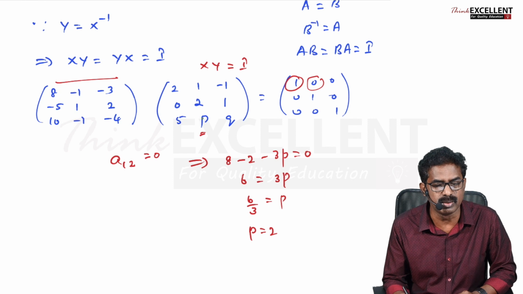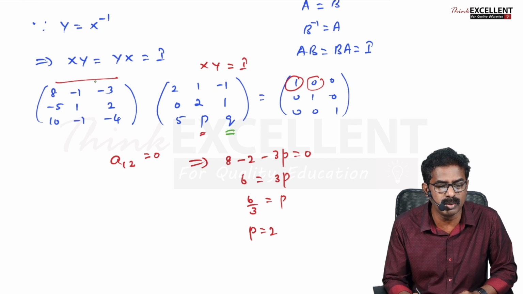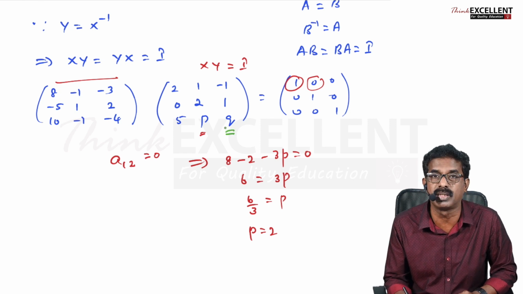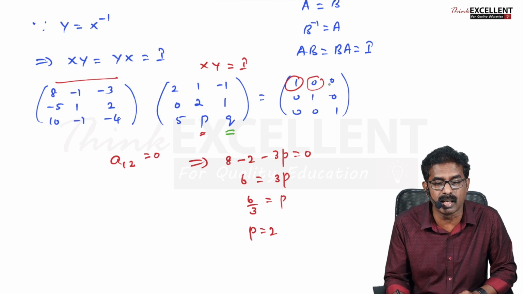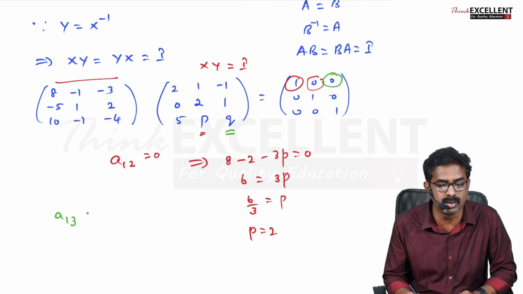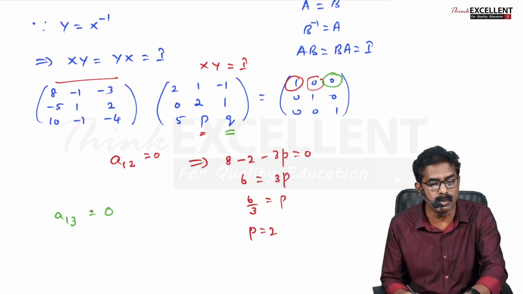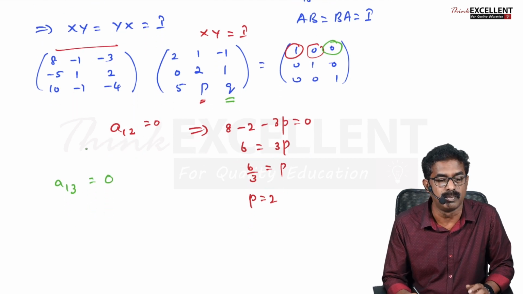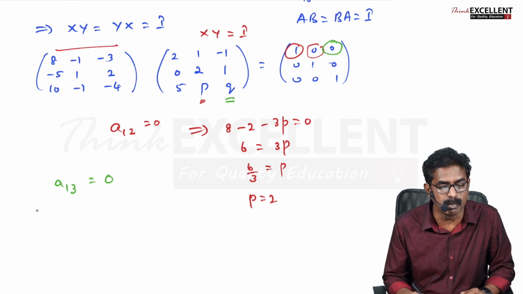Now to find Q, see Q is here, right? So first row, third column I'm going to take. First row, third column, you will get this number. So A13 is equal to 0 here also. A13, how are you getting it? First row, third column. So 8 into minus 1, minus 8. Minus 1 into 1, minus 1.